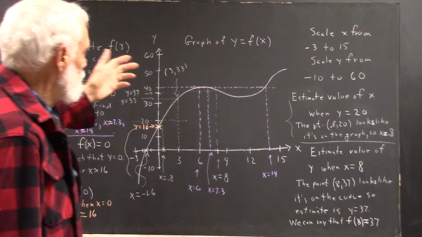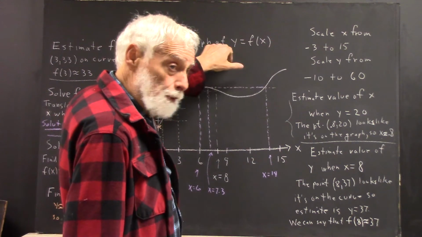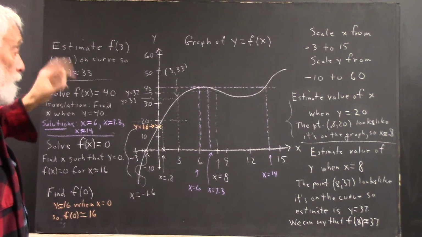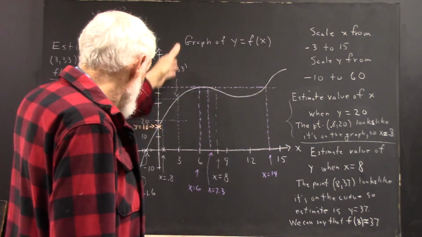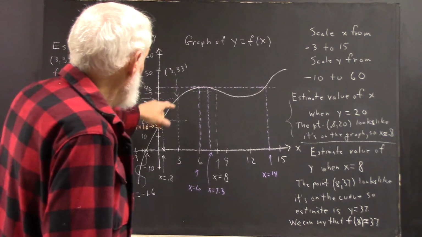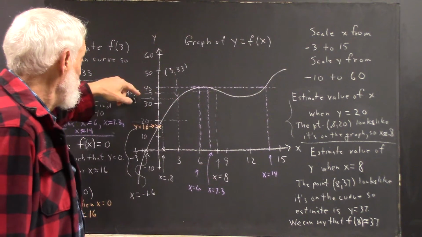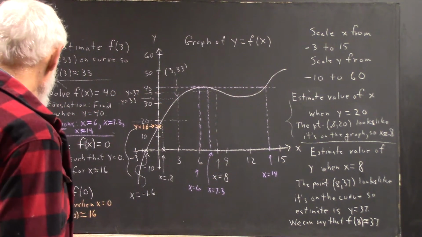Now f of 3 means the value of f when x is 3, and that's going to be our y-coordinate. So the point (3, 33) is on the curve. Now how do we do that? Well, we find where x is 3. We draw a vertical line, at least till we intercept the graph, and we make our estimate that y equals 33 at that point.